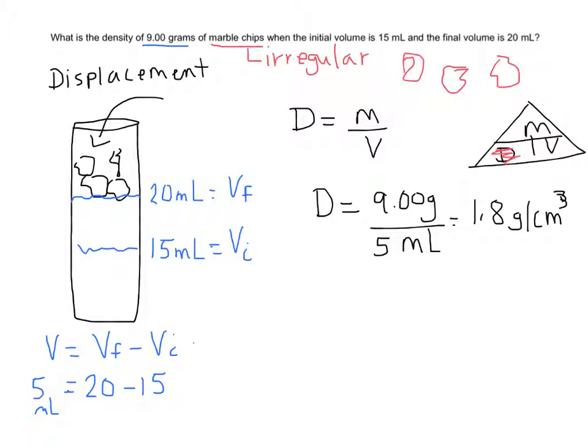Okay? Just to be in the correct sig figs, let's make this 5.0. Alright? So everything is to 2 significant figures.